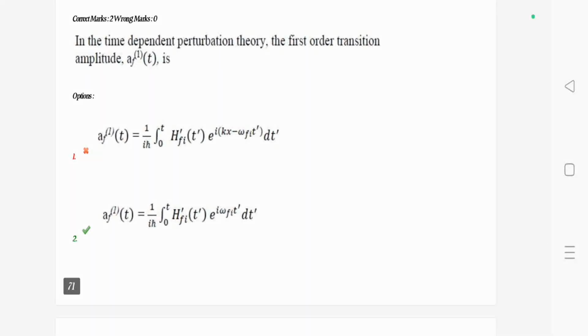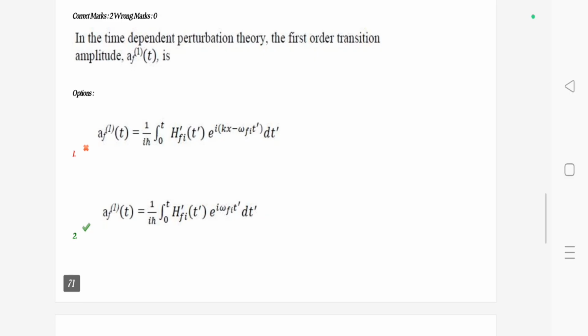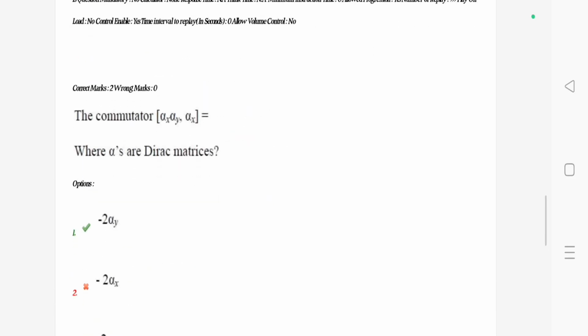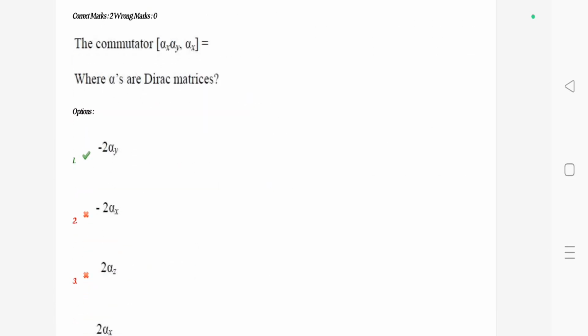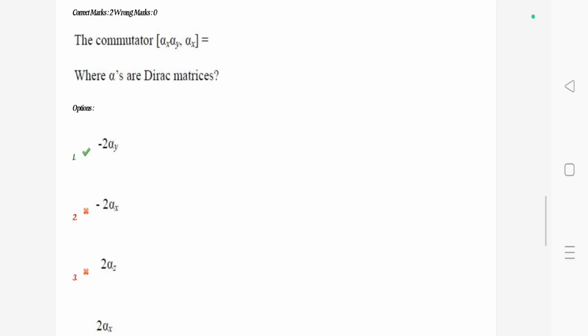In time dependent perturbation theory, the first order transition amplitude a_f^(1)(t) equals 1/(iħ) integral 0 to t of H_fi(t') e^(iω_fi t') dt'. The commutator [αx, αy], where α are Dirac matrices, is 2iαz.